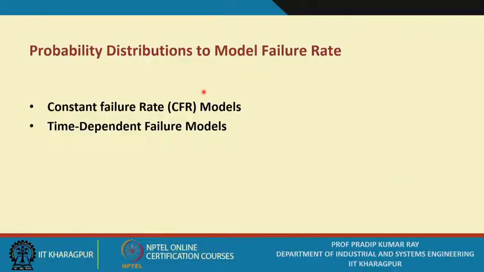So the constant failure rate models we will be referring to, that is the first part, and in the second part we will be referring to the time dependent failure models. Is it okay? So all these models are classified under two categories, right?